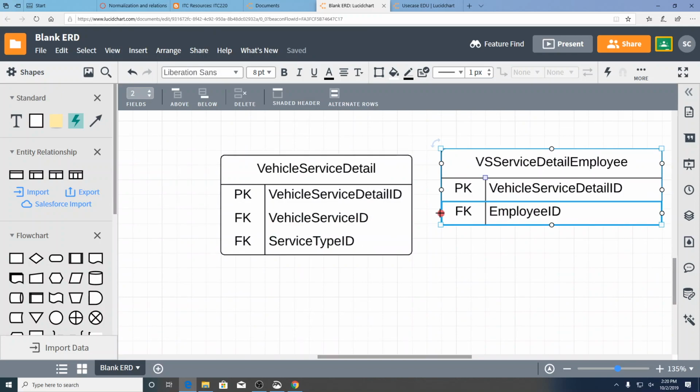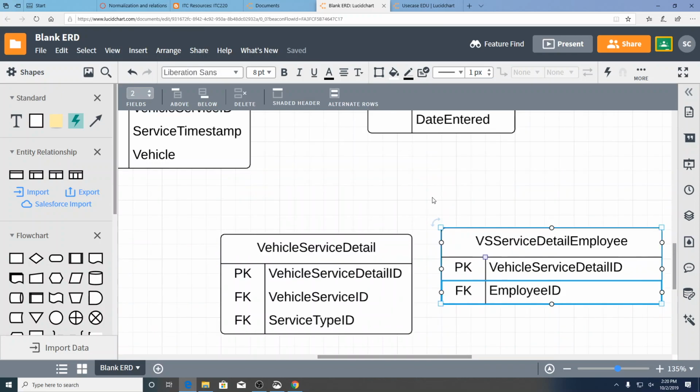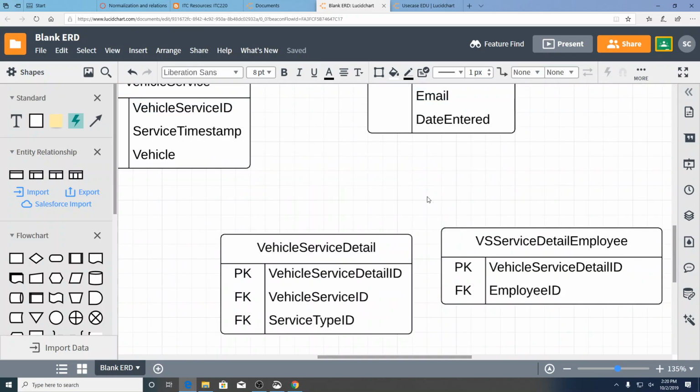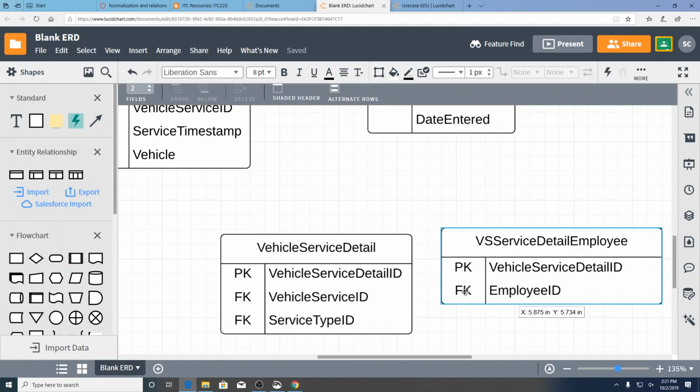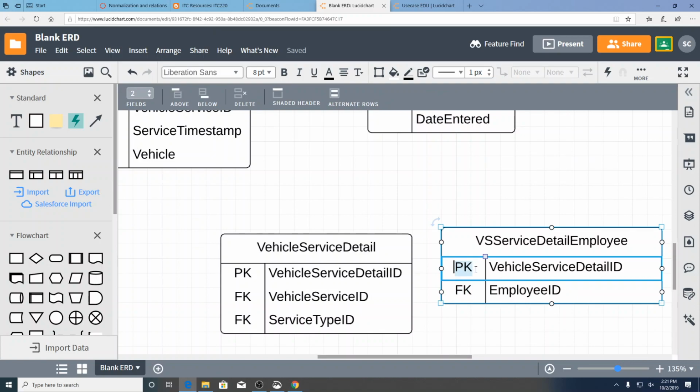Is that a replicate primary key though? Is the primary key the same? Oh, so these should be, let's make this one as a foreign key. It would be like a foreign key.